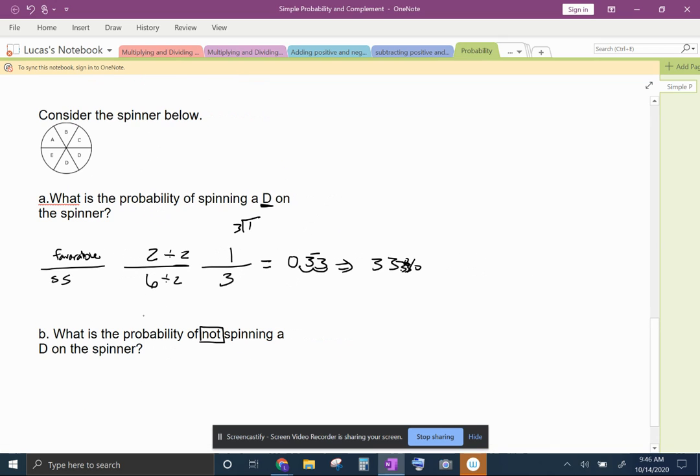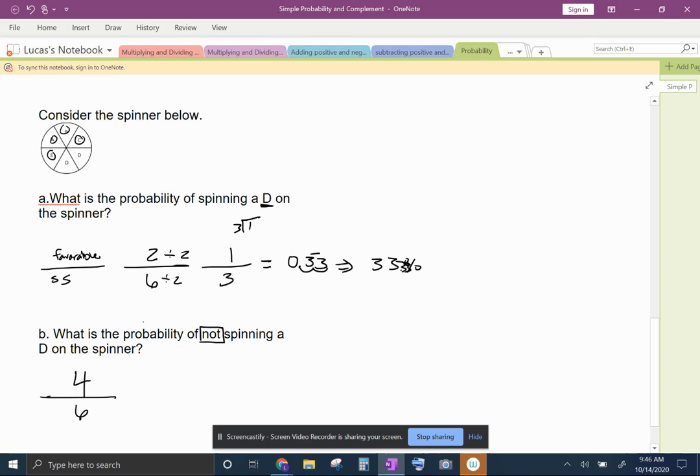All right. So let's look. Well, we know 6 are in our sample space, but how many are not D? Well, if 2/6 are D, then how many are not D? There's 2 ways I can do this. I can go over here and count the not Ds. 1, 2, 3, 4. There's 4.